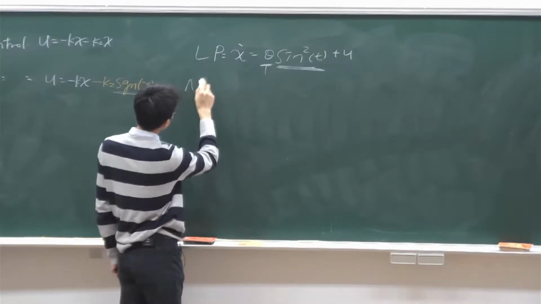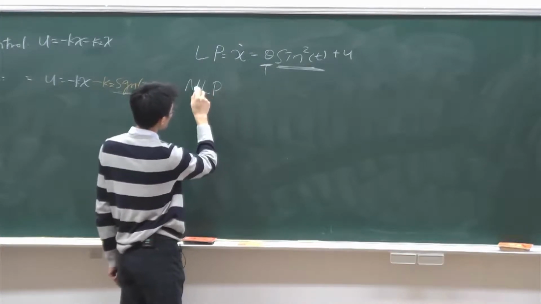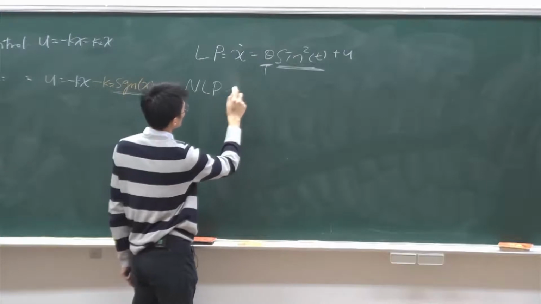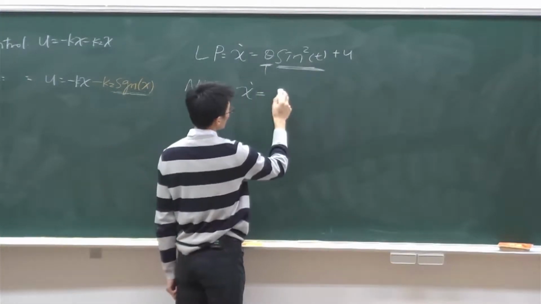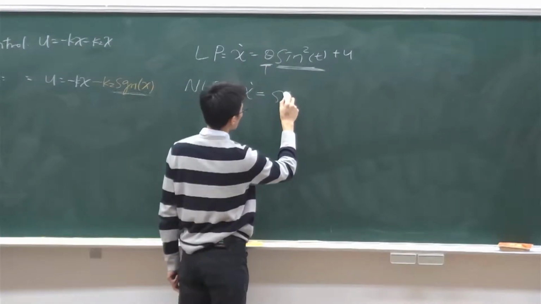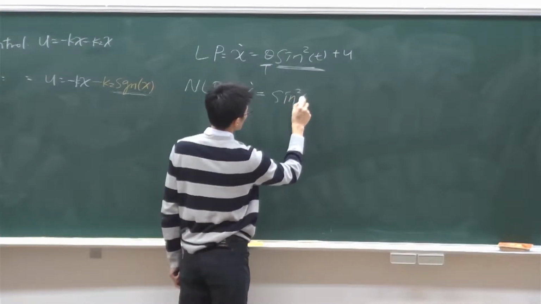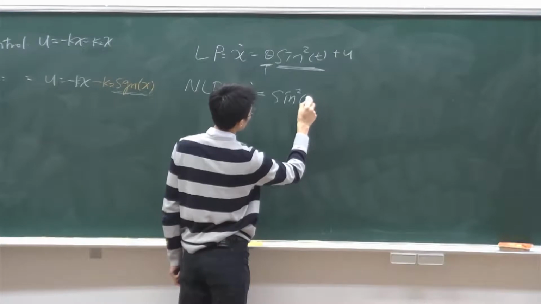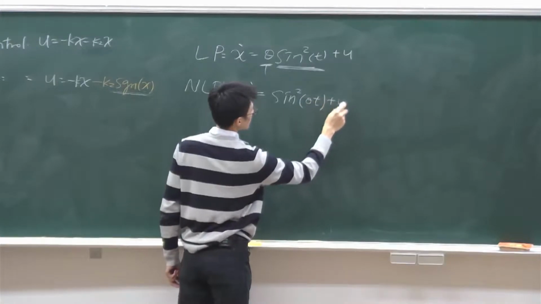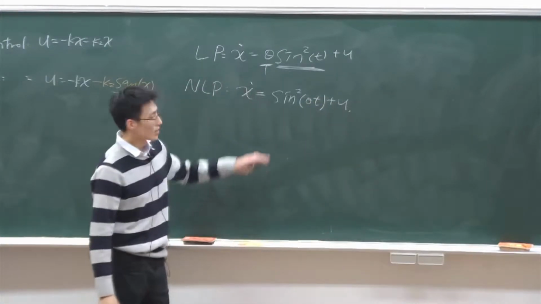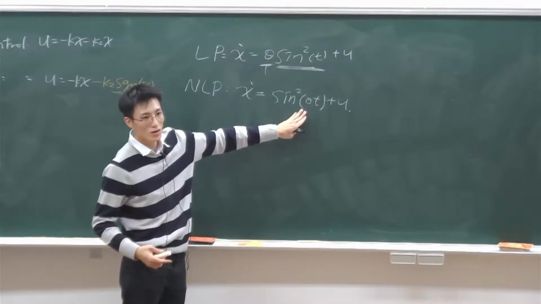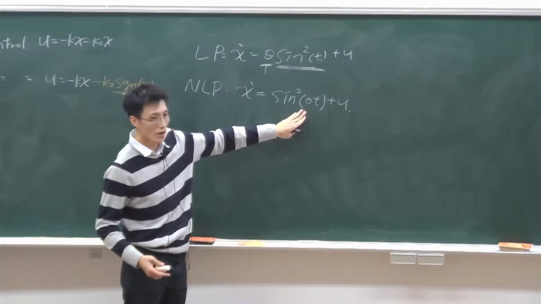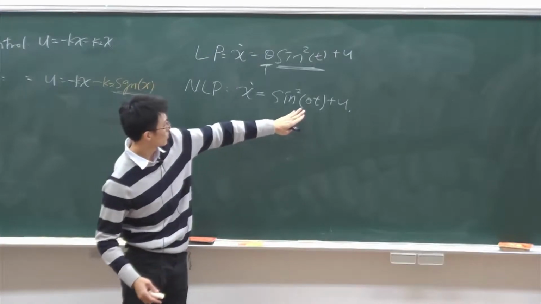But what is non-linearly parameterized is X dot equal to, where you put theta into the sine squared T. Then it is non-linearly parameterized. How can you separate?